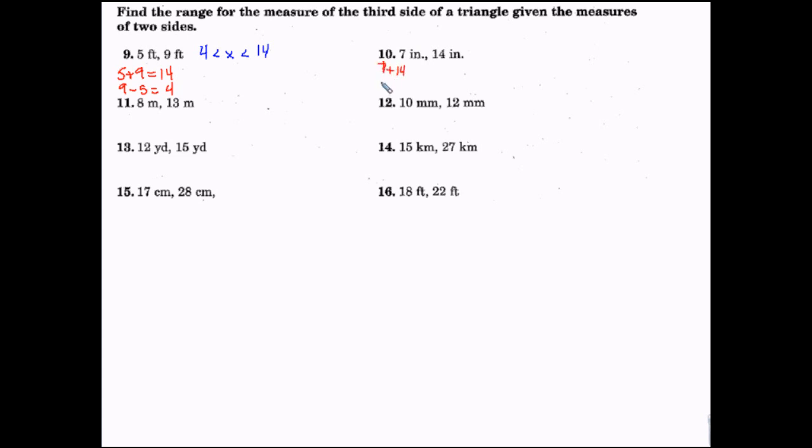So 7 plus 14 and 14 minus 7. That's 21 and 7. So it'll be 7 less than x less than 21. Yeah, just adding them and then subtracting them.